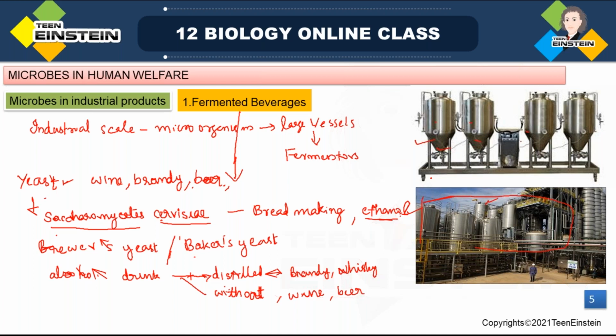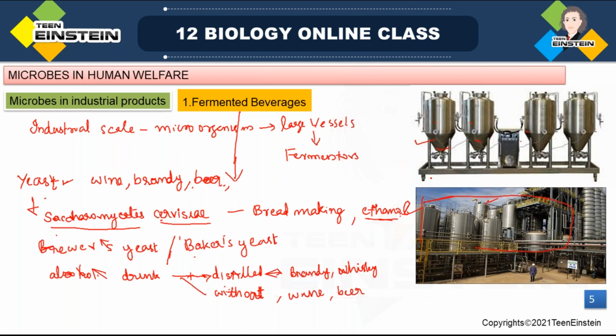So alcoholic drinks are classified based on the raw material which is used and the type of process which is used.